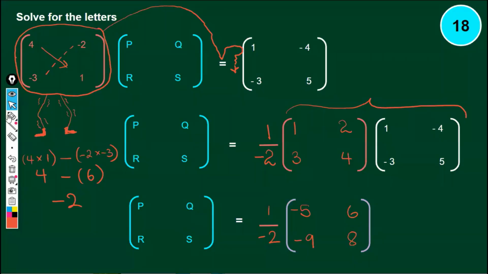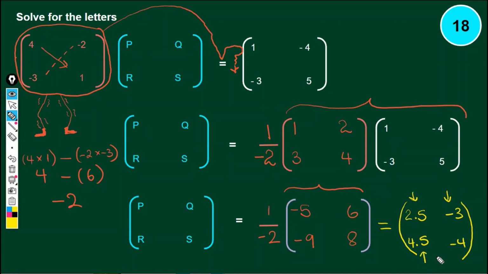So when we multiply these two matrices, these are the values I am getting. I still have to divide everyone inside here by -2, right? So if you divide everyone inside here by -2, you'll get +2.5, +4.5, -3, and -4. Obviously, this one is P, this is Q, this is R, and this is S.